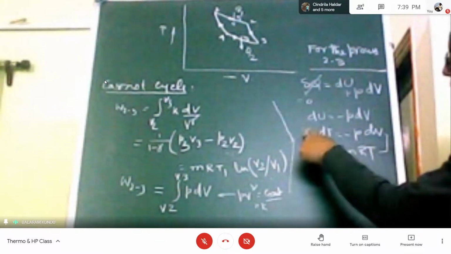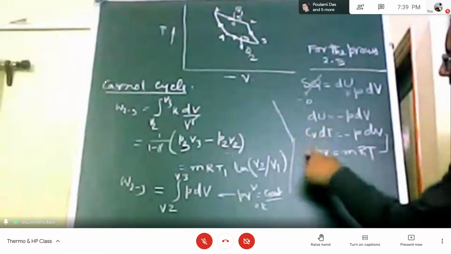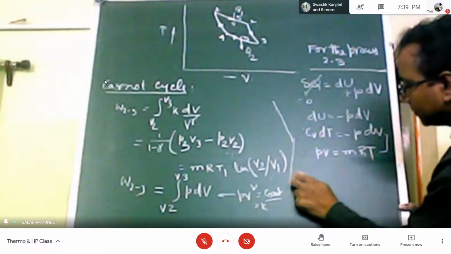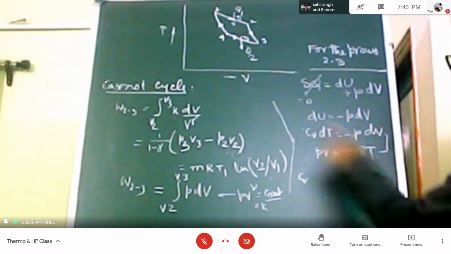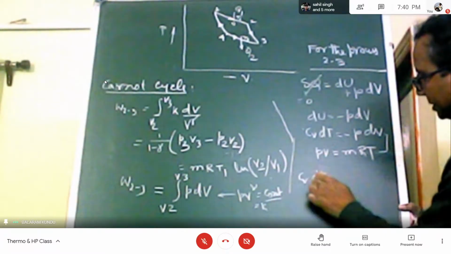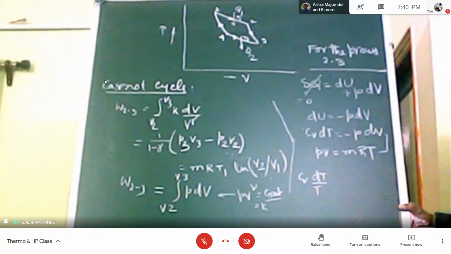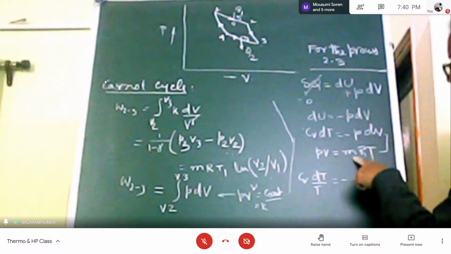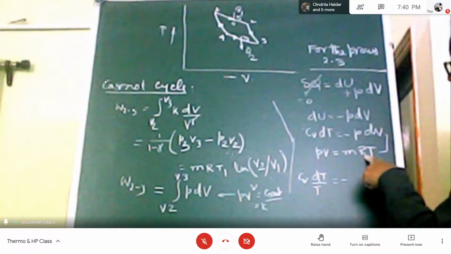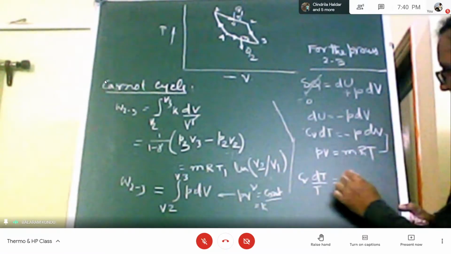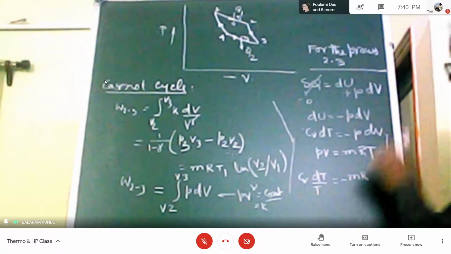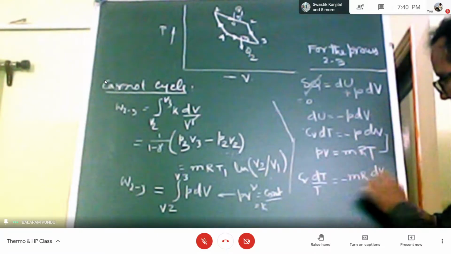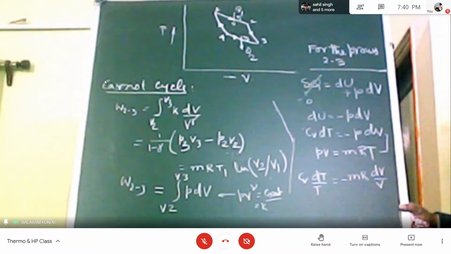So combining these two we have Cv, which is a constant term, dT divided by T, equal to minus nR into dV by V. This is your expression.